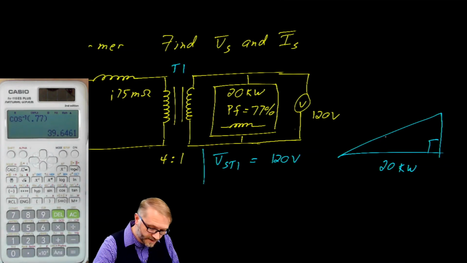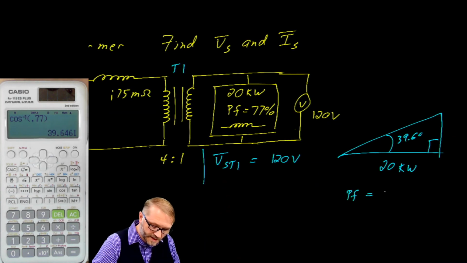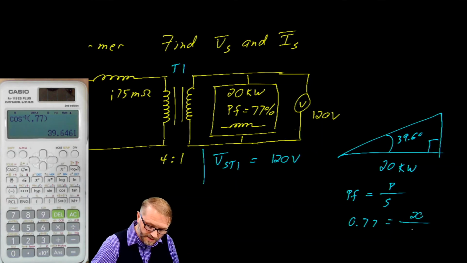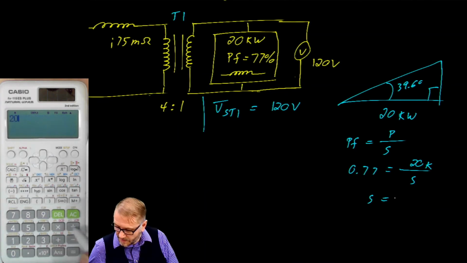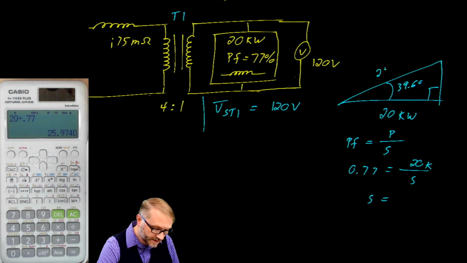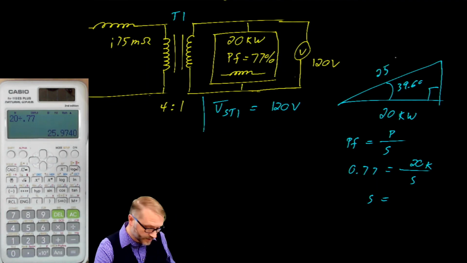So that's 39.6 degrees. The power factor is also the ratio of real power to apparent power. So 0.77 is equal to 20 kW over S. So the apparent power is 20 divided by 0.77. So that's 25. You may as well call that 26.